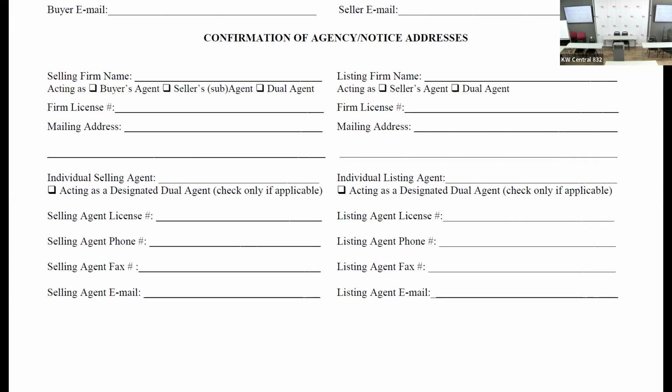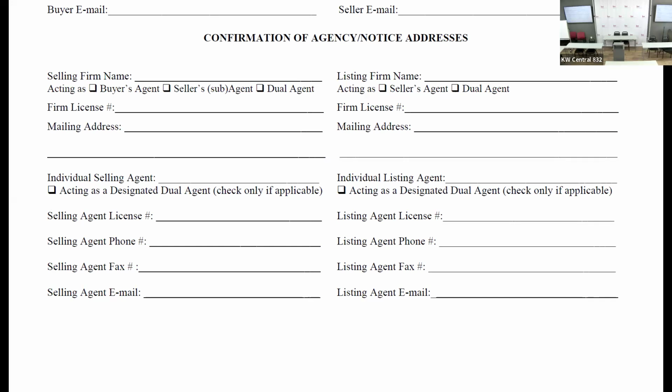Correct. Absolutely. But if they both say dual, we don't have to do anything here other than the dual agent at the top, correct? Under the firm name. Yes. However, we are teaching that we also initial dual designated on the listing agreement or on the buyer agency agreement, so that you don't have to go back at a later time and get that done.